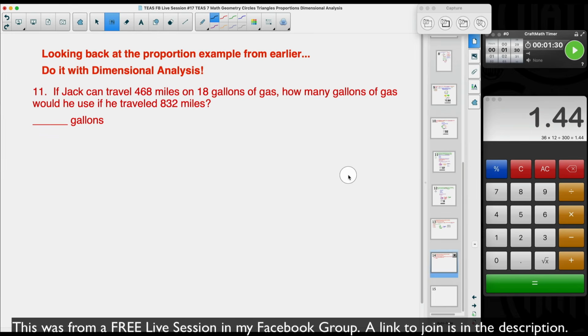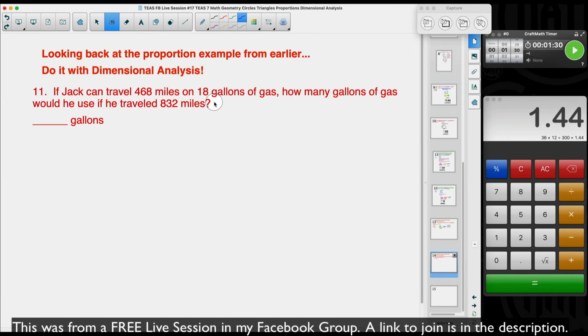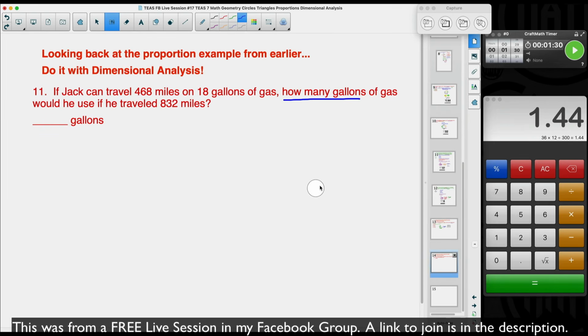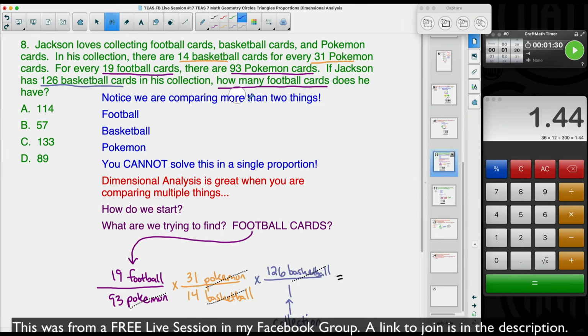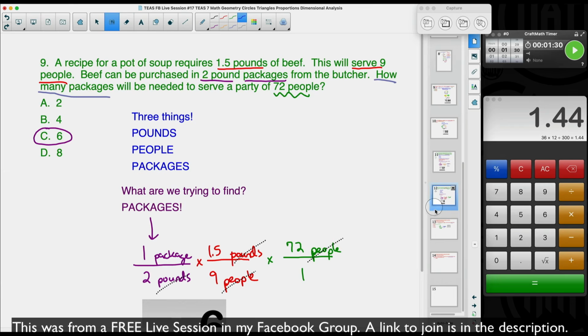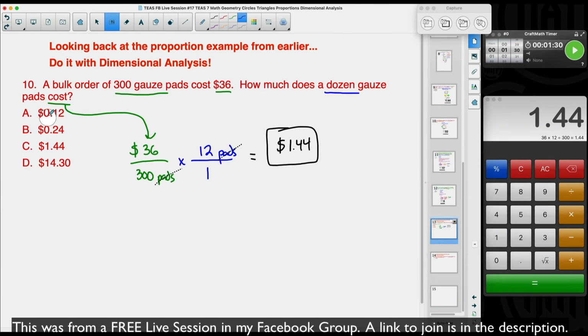This is Jack again. If Jack can travel 468 miles on 18 gallons of gas, how many gallons of gas would he use if he traveled 832 miles? How many? How many? How many? These questions are asking how many football cards, how many packages, how much money.